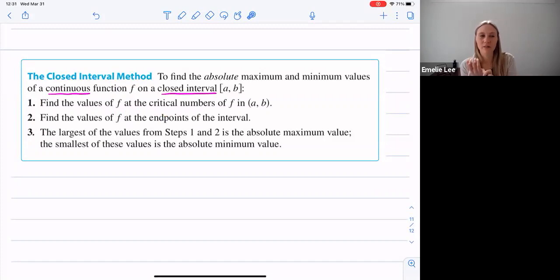So step one, find those critical numbers and evaluate the function at them. Then you evaluate the function at the endpoints, because the max and mins happen either at the endpoints or somewhere in between, right? Then you pick the largest and the smallest values, either at a critical number or at an endpoint, and you have your absolute max and mins.